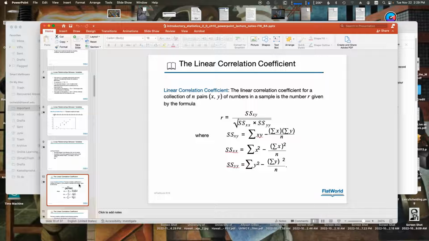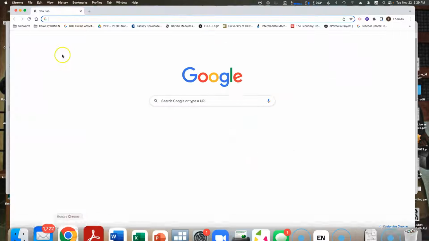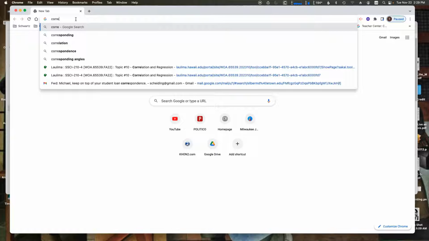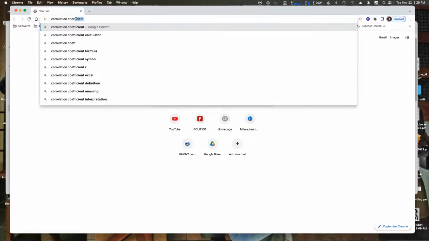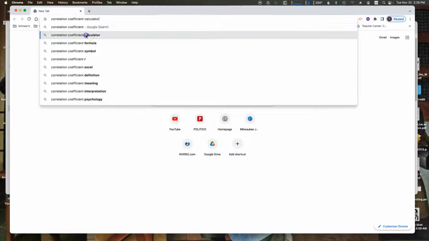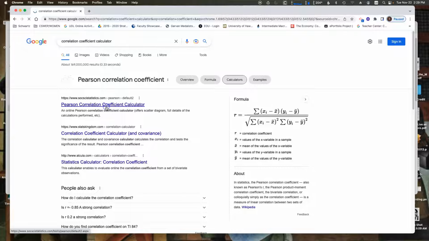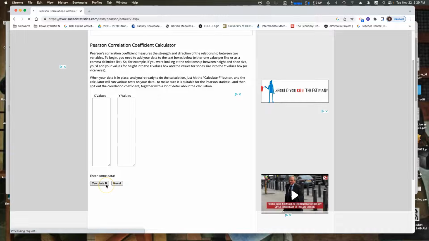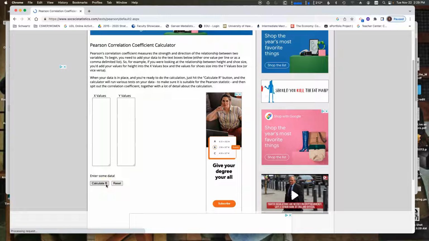We can calculate that R value here. There are also, I don't mean to imply that you have to know how to do it this way, because there are actually pretty good calculators online, where you can simply put in the X values, put in the Y values, and then calculate the R. To be honest, this is how I do it.